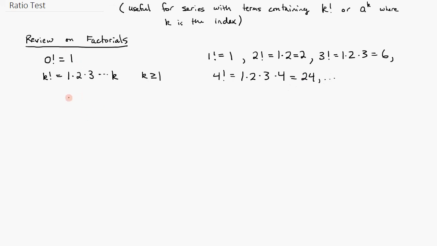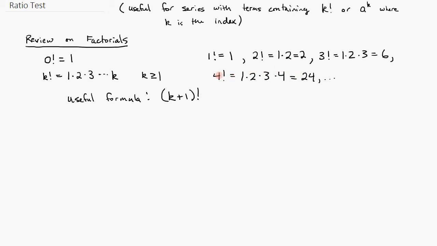And so a useful formula, which will be used a lot in the ratio test, is that k plus 1 factorial. You can see that any factorial can be computed as taking the previous factorial and then multiplying by the current number.